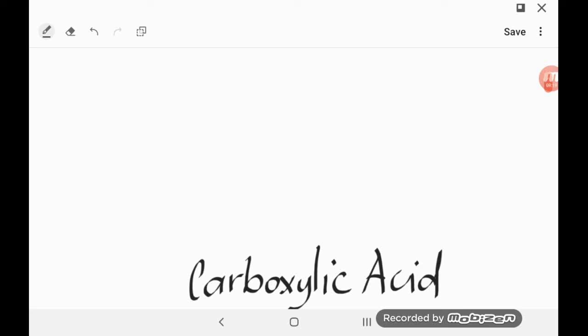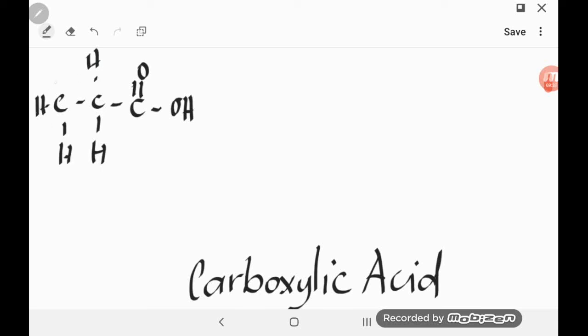This is an example of a carboxylic acid in its Lewis structure. Now, writing it in its condensed form, it would appear to be like this.